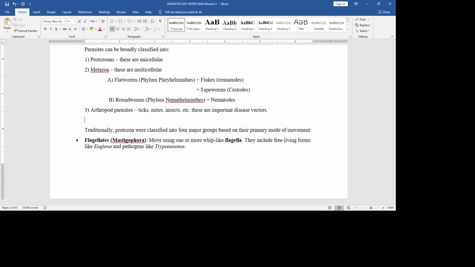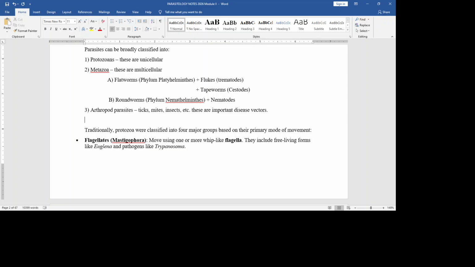So the first category of protozoa are known as flagellates, and they fall under the Mastigophora, and these simply move using one or more whip-like structures known as the flagella.